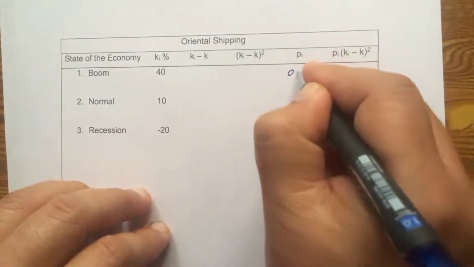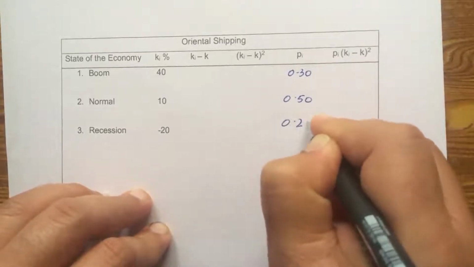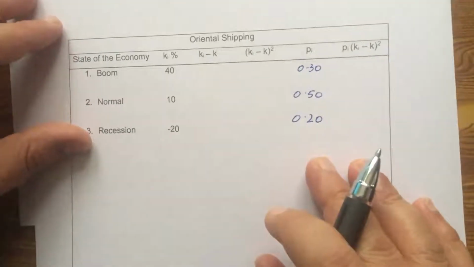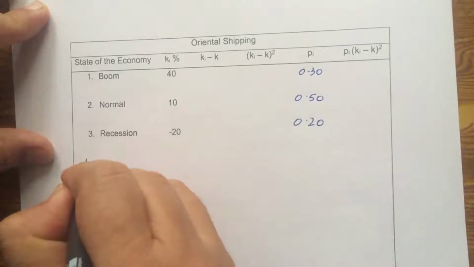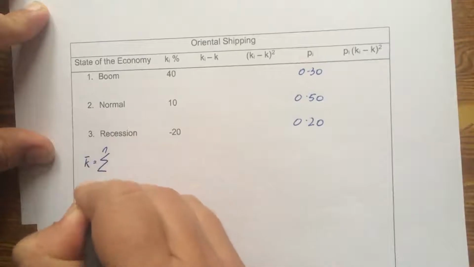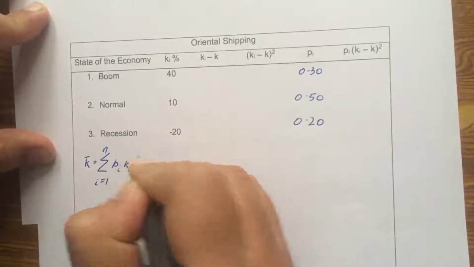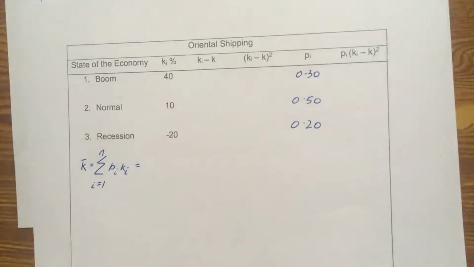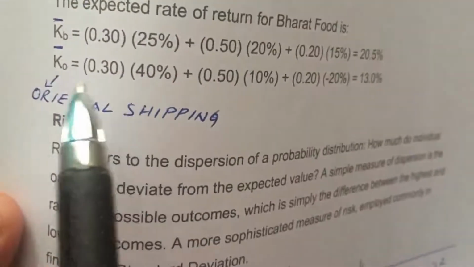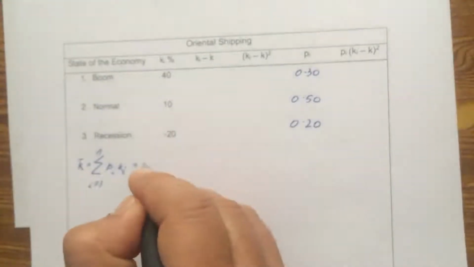Then let's first find out K bar, the expected rate of return, Pi into Ki, which is already calculated. We've already found out, remember? K bar for Oriental Shipping is 13%.